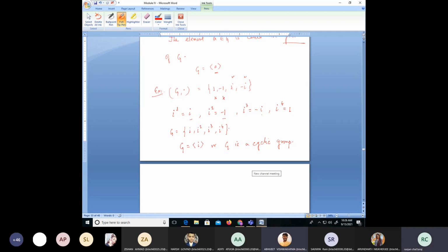The generator should be an element of G, first thing, and any element of G can be expressed as the generator to the power n. So here i is the generator, meaning it can generate any element of G. Every element is contained.